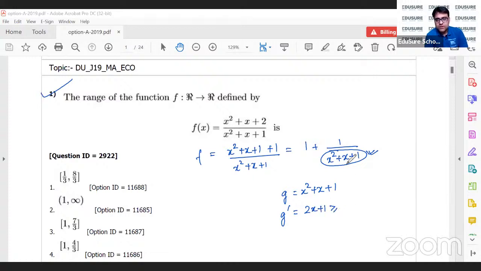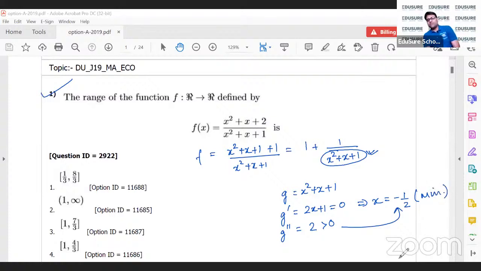Setting 2x plus 1 equal to 0 for a maxima or minima, x is equal to minus half, and g double dash is 2, positive. That means x equal to minus half will be a minima. The minimum value for x square plus x plus 1 will come when x is equal to minus half. When x square plus x plus 1 is minimum, 1 by (x square plus x plus 1) is maximum.